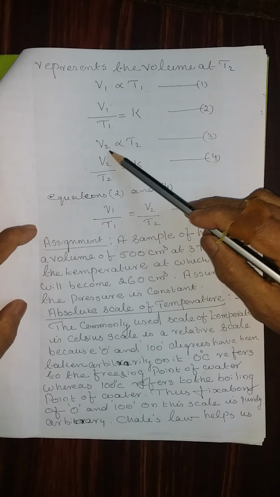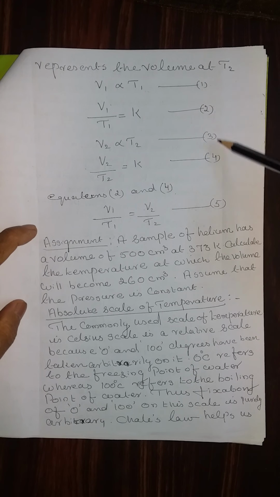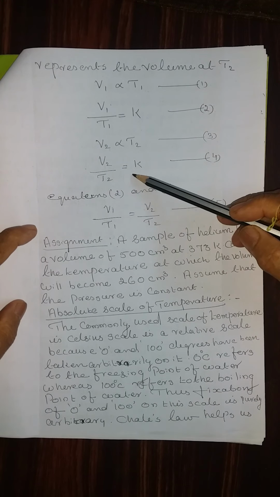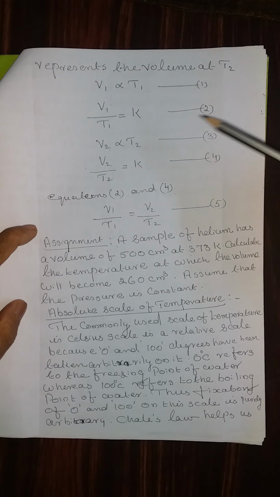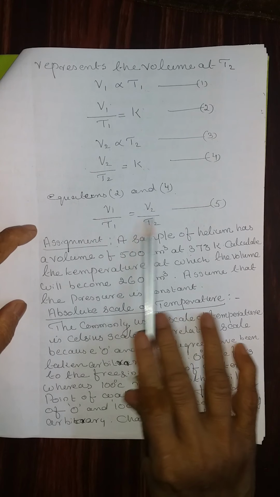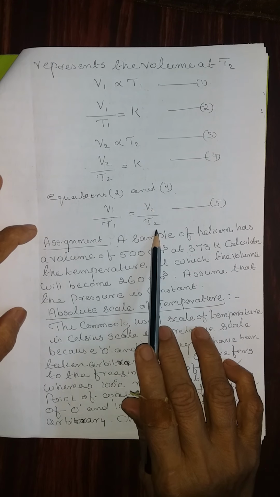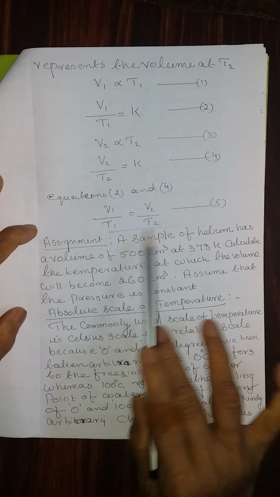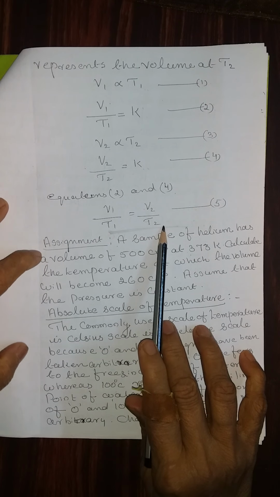Now, V2 is directly proportional to T2, equation 3. V2 by T2 is equal to a constant K, equation 4. From equations 2 and 4, we arrive at the conclusion that V1 by T1 is equal to V2 by T2. This equation is mainly used for solving problems based on Charles' law.